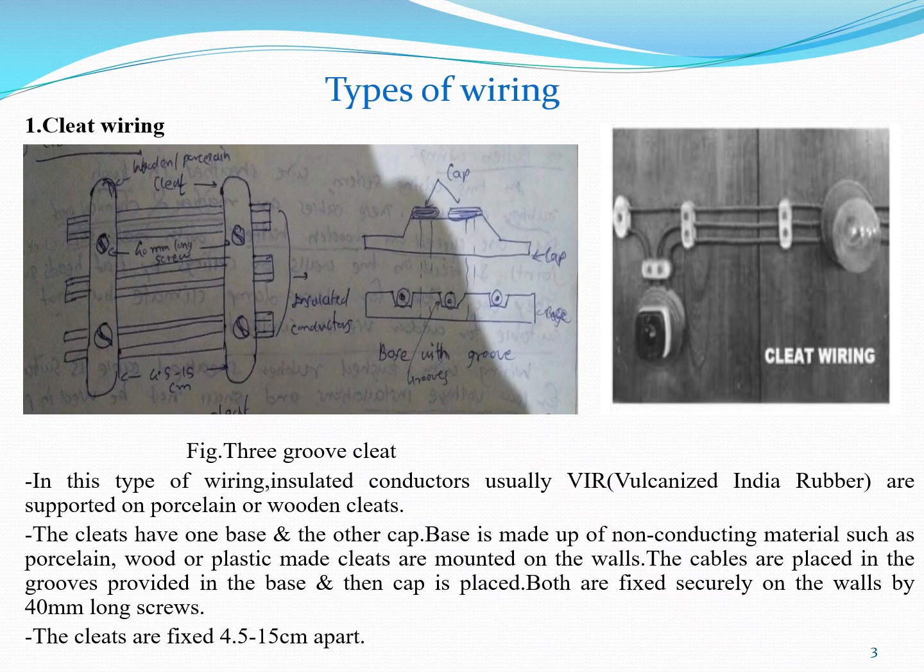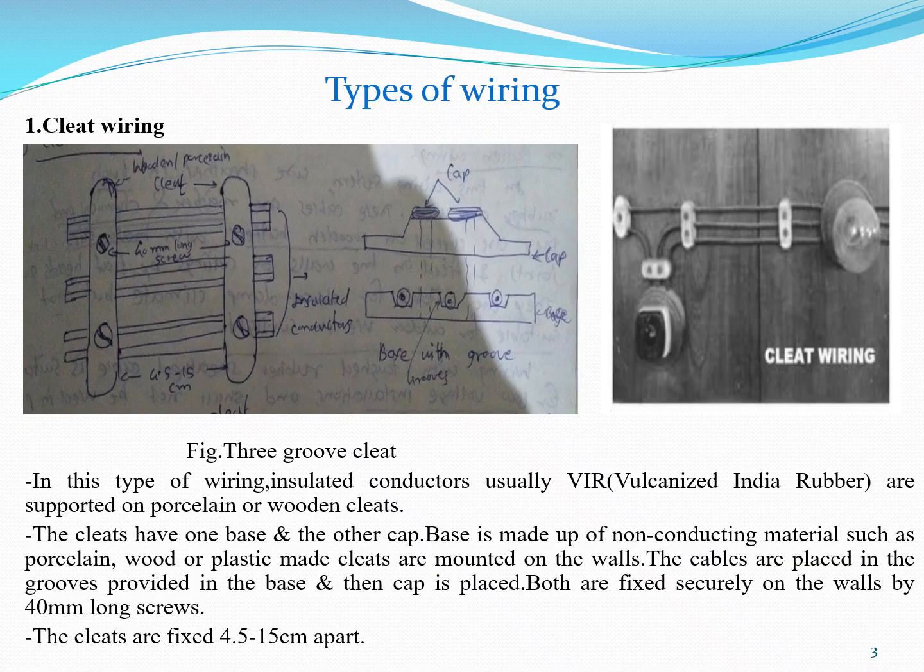First of all, we'll discuss the cleat wiring. The figure shows the image of the cleat wiring. Many of you might have seen such type of wiring in movies or in old buildings. This is the diagram of the cleat wiring, in which these are the wooden or porcelain cleats.